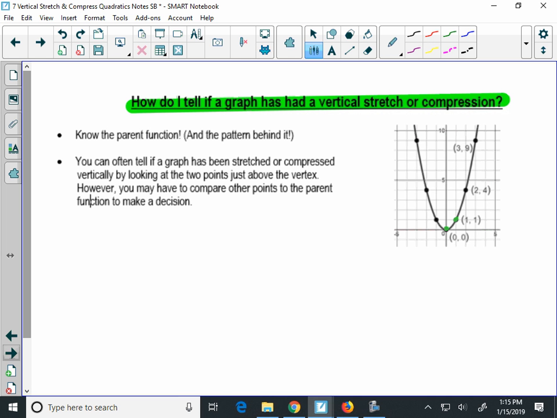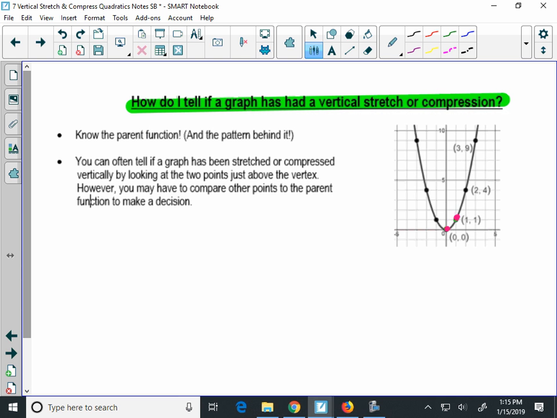And we've spent a lot of time with the parent function, so I'm not going to beat this horse here, but we need to know the pattern, that if I have a vertex, and every time on my parent function, if I go out 1 in the x direction, that means I have to go up how many? 1. And then I go out 2 and I go up 4. When I see a difference in the vertical change, that's when I'm going to have a vertical stretch or compression.